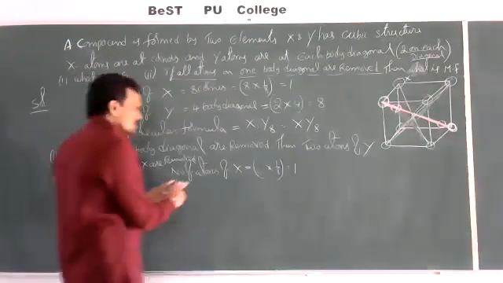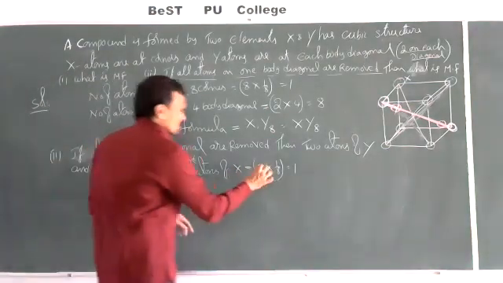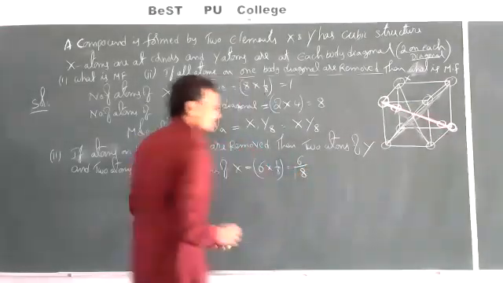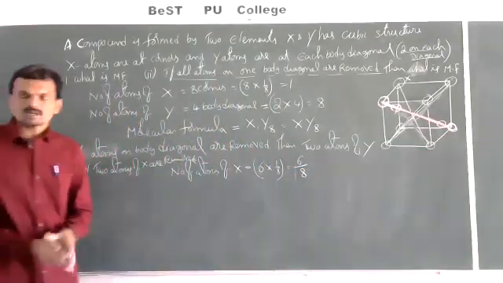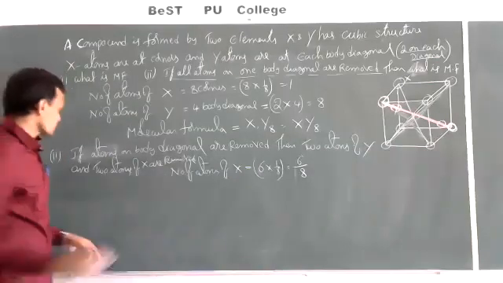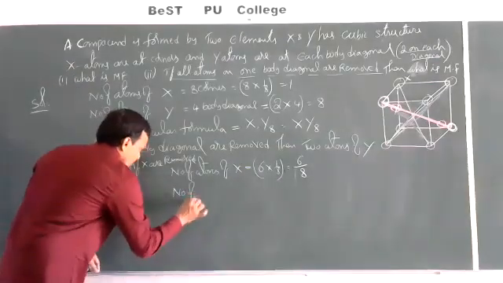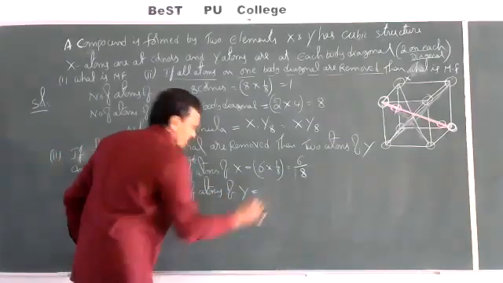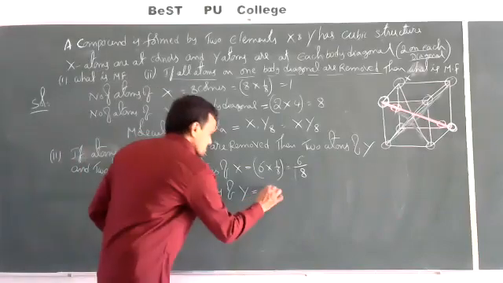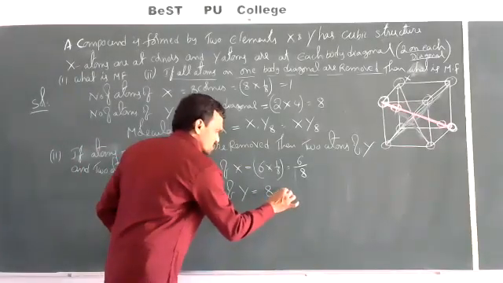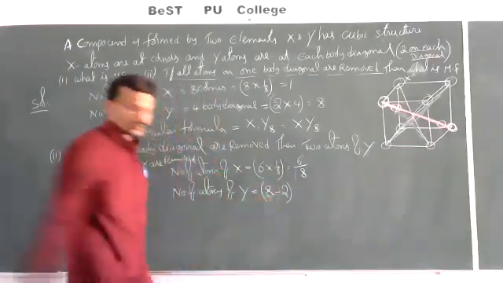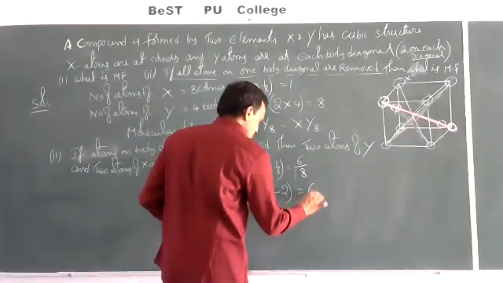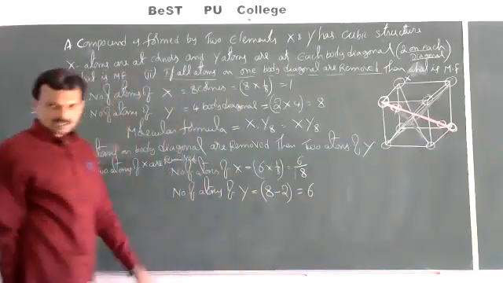What is the number of atoms of X remaining? 6 into 1 by 8, which is equal to 6 by 8. This is the number of atoms of X, not 8, 2 are removed. Now, the number of atoms of Y is 8 minus 2. 2 atoms of Y are removed, then the remaining is 6 atoms of Y.